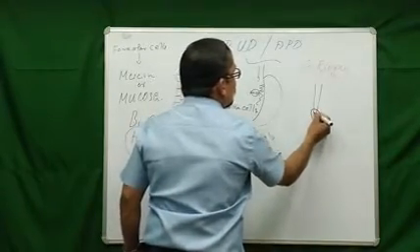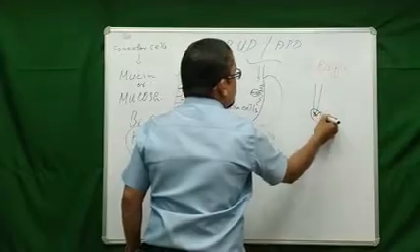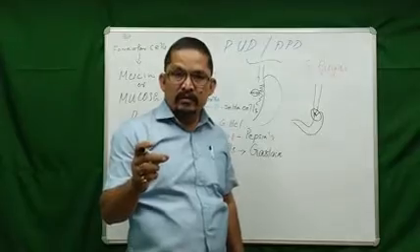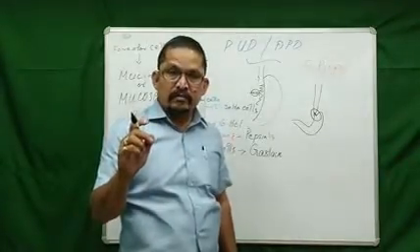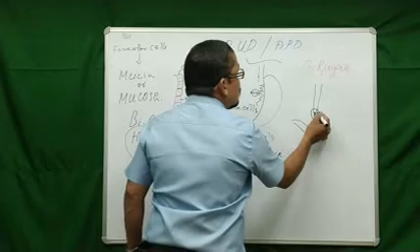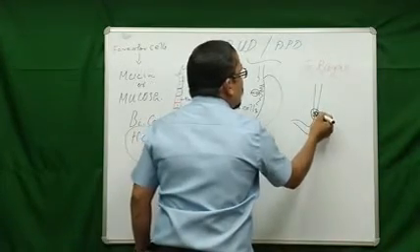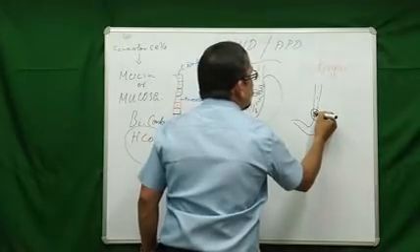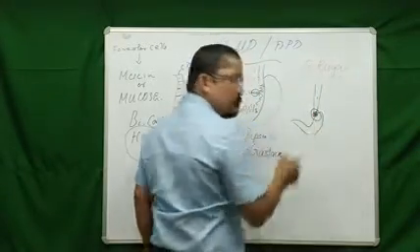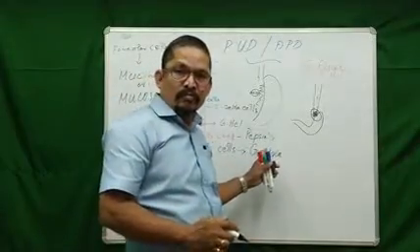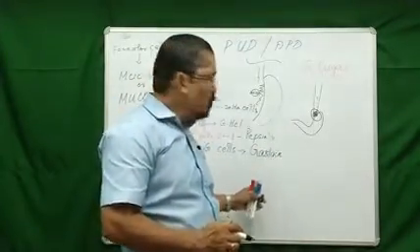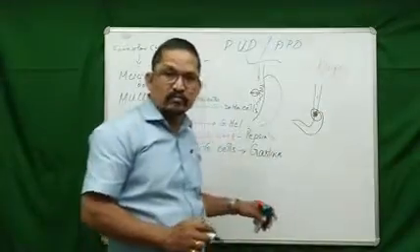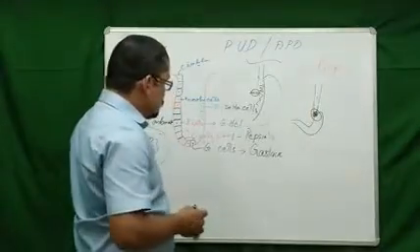The valvular function of the lower end of the esophagus is mainly regulated by the hormone gastrin. That is why, immediately after swallowing, the lower end of the esophagus is completely closed, only because of the action of gastrin over the circular muscles of the lower end of the esophagus. That also can be studied in later classes.